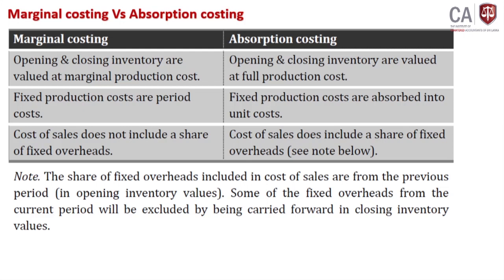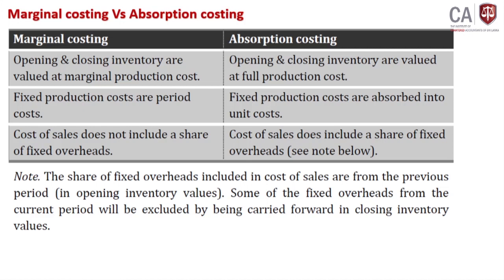In absorption costing, cost of sales does include a share of fixed overhead. Those are the 3 key differences when you compare marginal costing versus absorption costing.